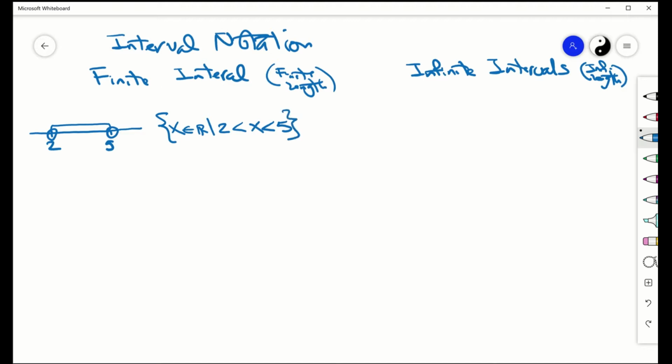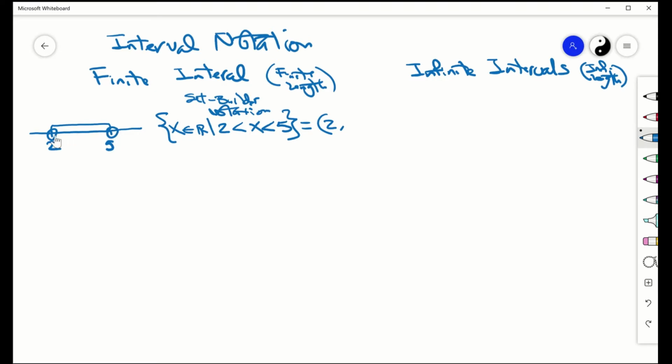Now that's a perfectly good notation. This is called set builder notation. But there's a lot of writing, right? We have a much more efficient way of describing that set, and it's using parentheses and brackets. So what we do is, the number that is at the end is called an endpoint.